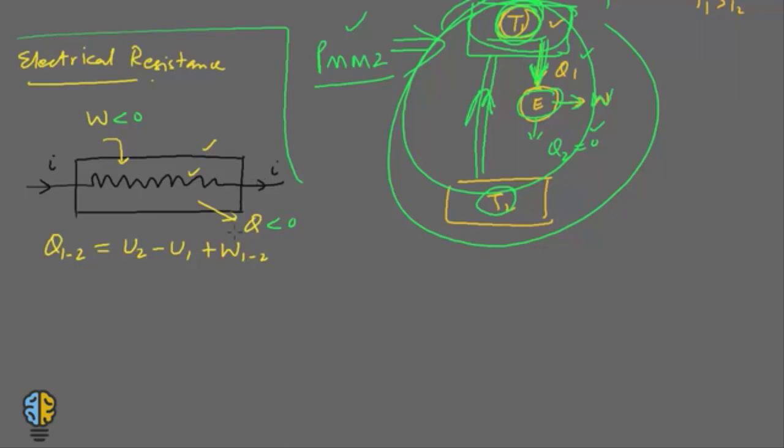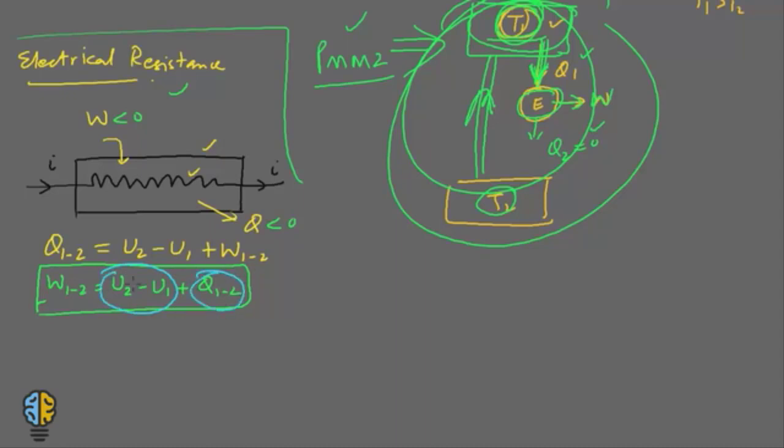So this would be written as W12 = U2 - U1 + Q12. This is the appropriate way of writing the equation for the condition in which a current is flowing through an electrical resistor. So this means a part of the work transfer is stored as an increase in the internal energy, and the rest is dissipated as heat.